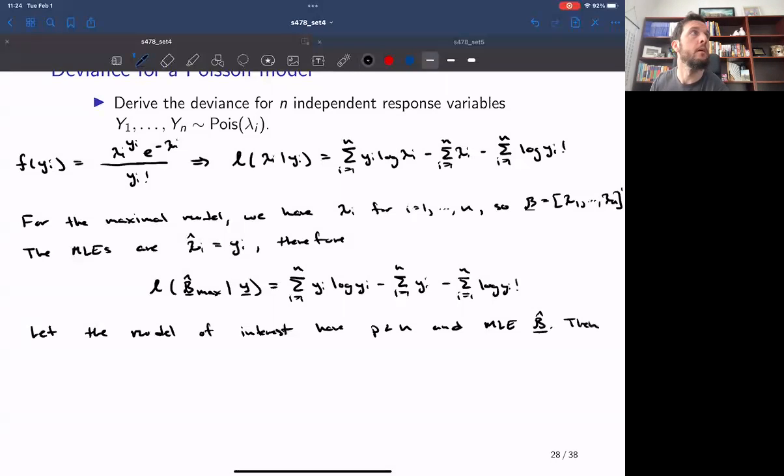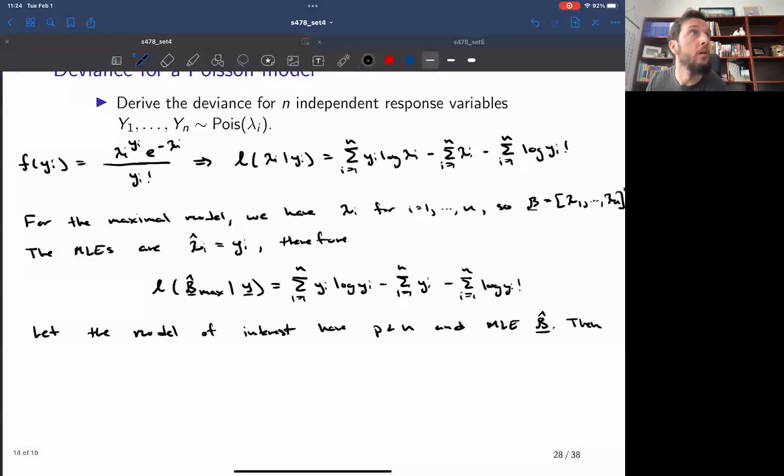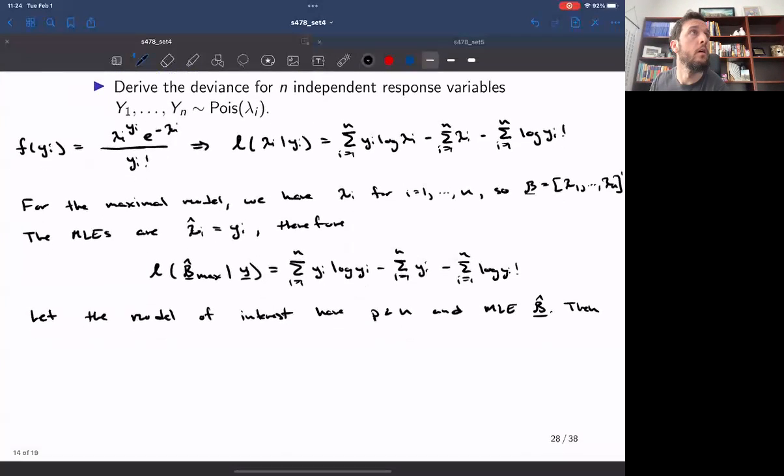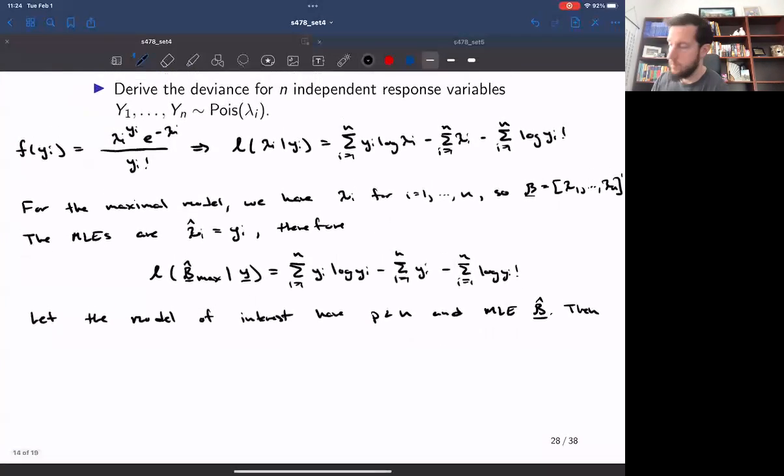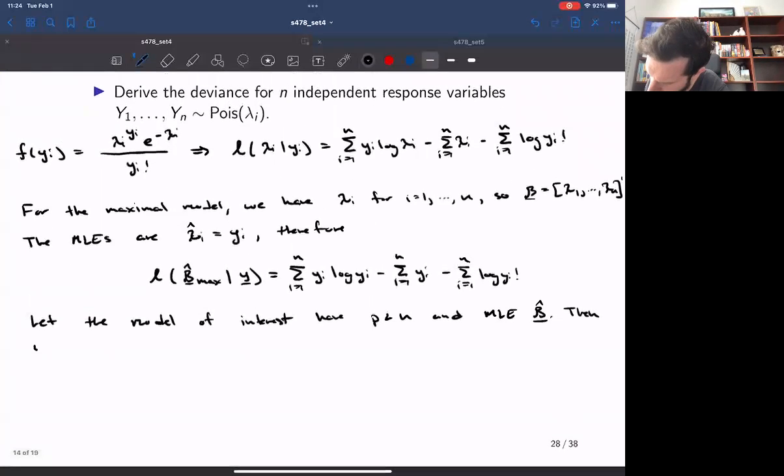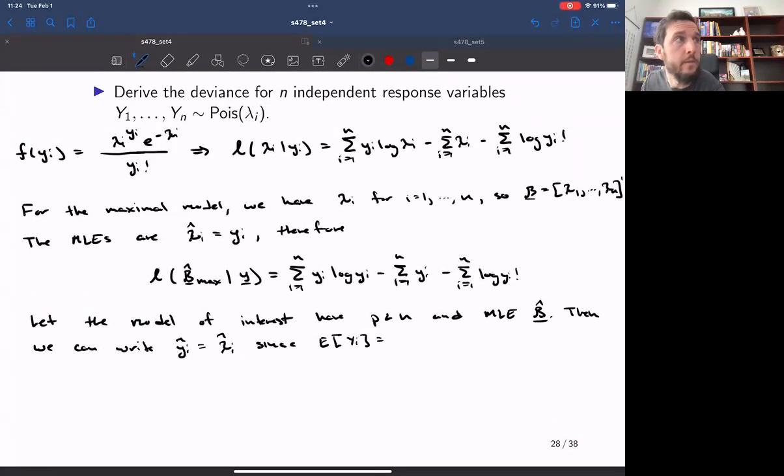Then we can write yi hat is equal to lambda i hat, since the expected value of yi is equal to lambda i.